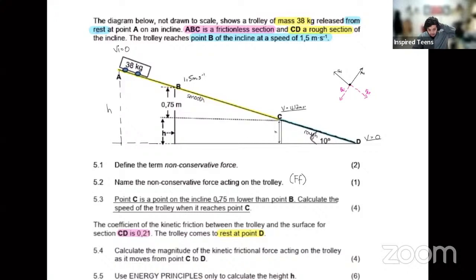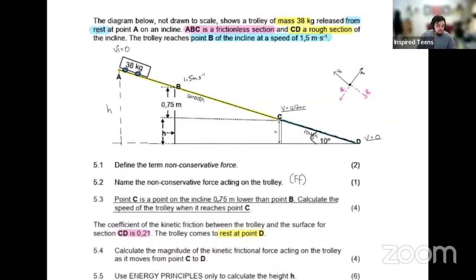Friction is indeed correct. We actually answered it yesterday in this one here. Friction is the only non-conservative force acting on the object. In fact, the only two forces acting on this object from C to D are friction and gravity.